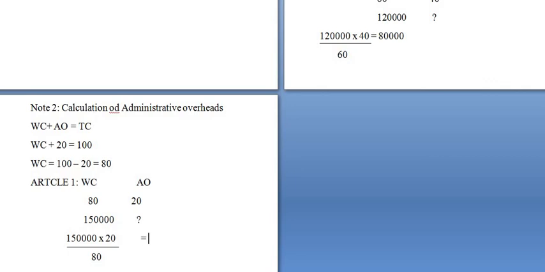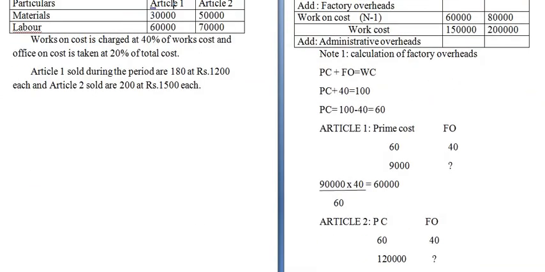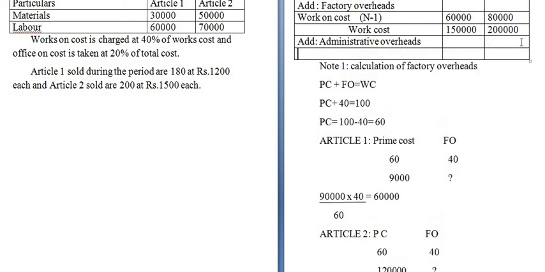How much you will get? 37,500. So we will write it here. That is office on cost. Office on cost. In bracket you can write note number 2.